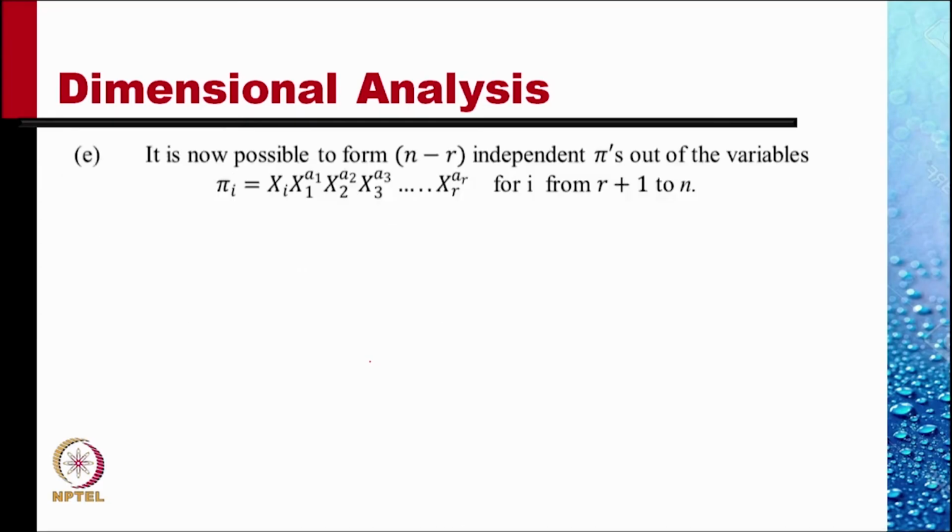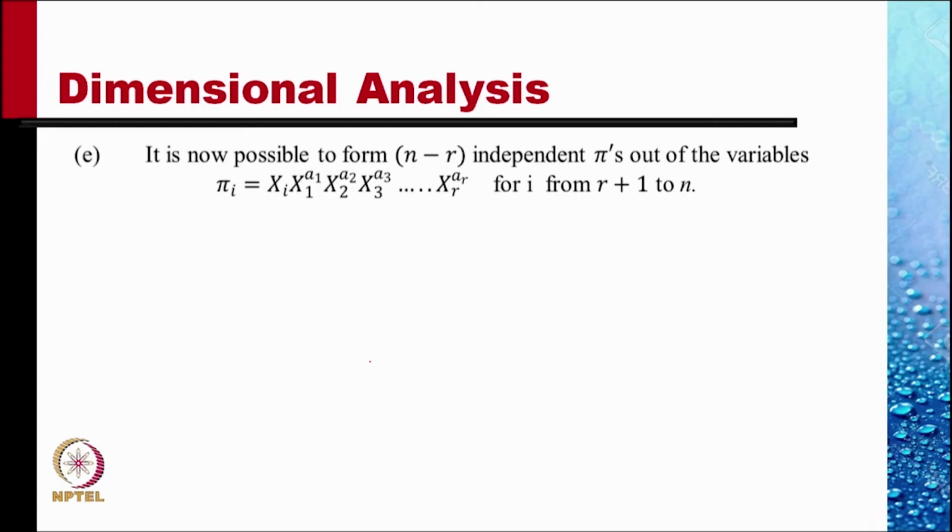It is now possible to form n minus r independent pi numbers out of these variables. Pi i is x i, of the remaining variables that we have not chosen as the fundamental parameters, times the first parameter raised to power a1, the second parameter raised to power a2, and so on.